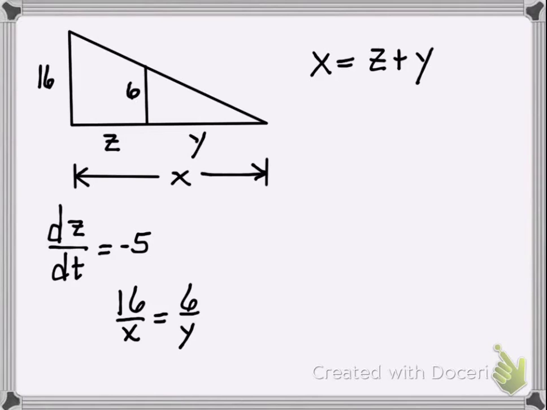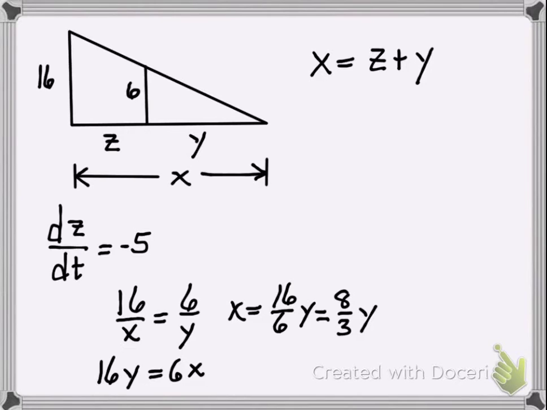Then we can multiply both sides of the equation by x and by y, and we get 16y is equal to 6x. If we divide both sides by 6, we get x equals 16 over 6 times y, which is equal to 8 over 3 times y.